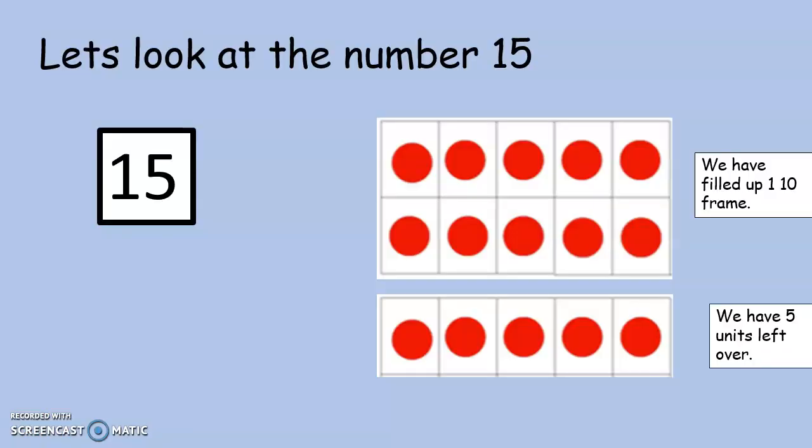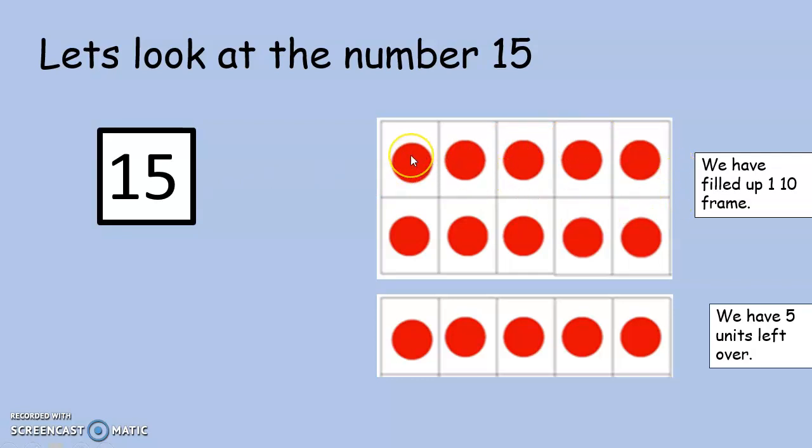Okay, let's have a look at the number 15. So we've got 1 and we've got 5. What does the 1 represent? Good job! We know that it represents the tens.